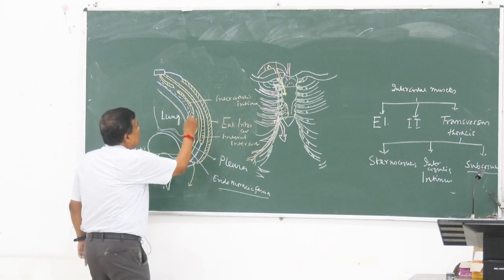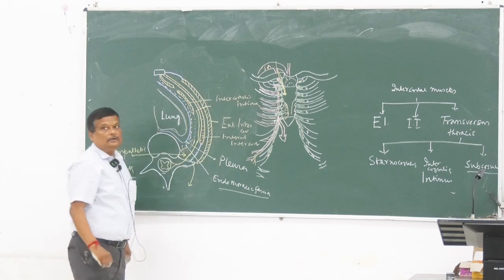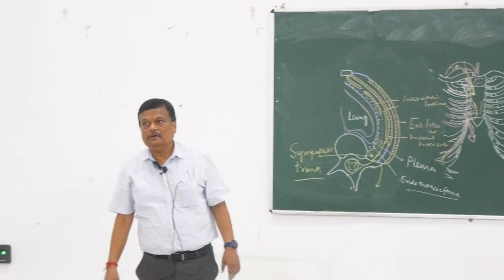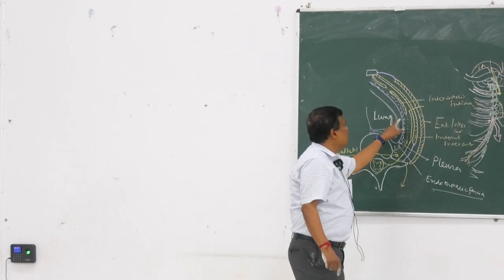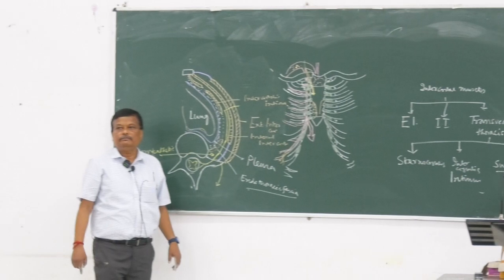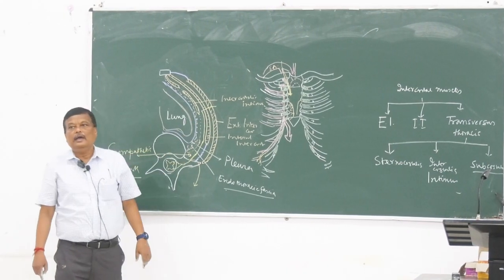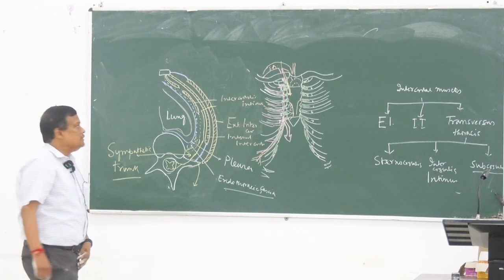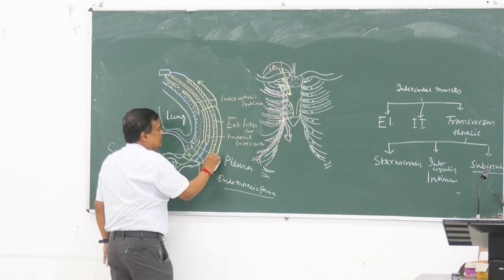Then it gives a lateral cutaneous branch, a very important branch. A branch goes laterally, we call it the lateral cutaneous branch, which pierces the internal intercostal and external intercostal and becomes subcutaneous to supply the region. And after being subcutaneous, it immediately divides into an anterior branch and a posterior branch.